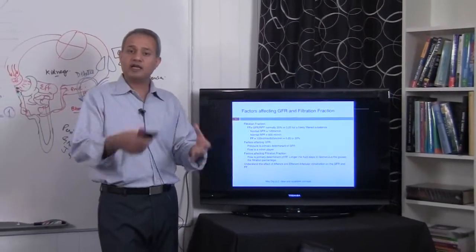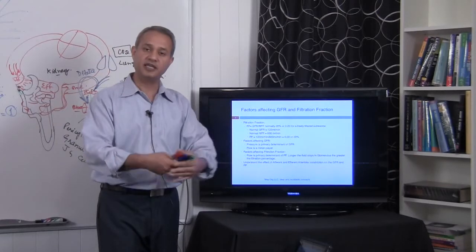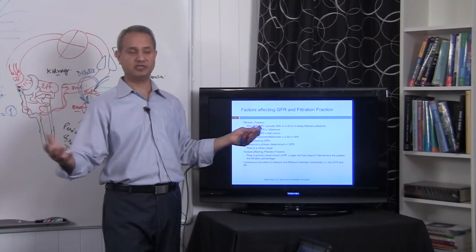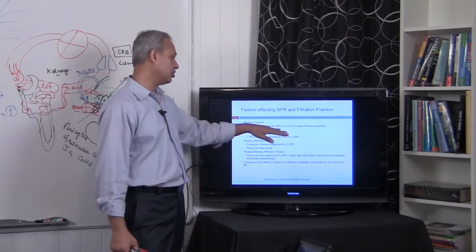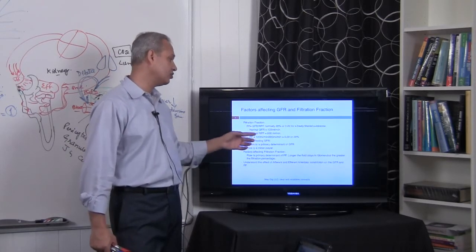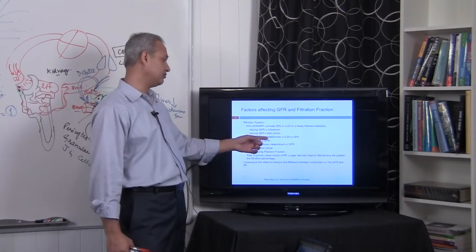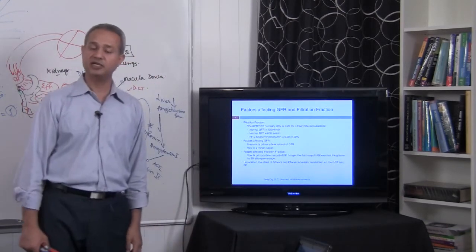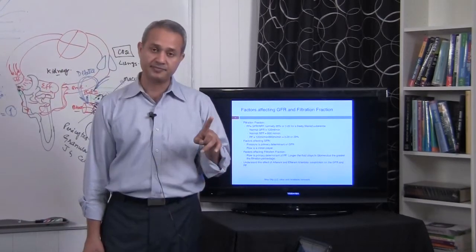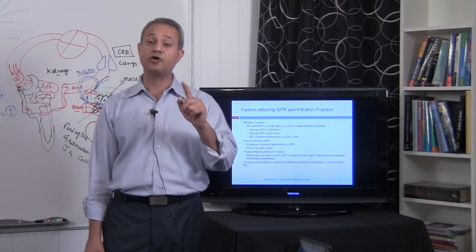So out of all that plasma which entered the kidney, how much went into the Bowman spaces? That will be the filtration fraction, right? So filtration fraction normally is 20%. Normal GFR is 120 milliliters, normal renal plasma flow is 600, so if you divide them, 20% is the filtration fraction. We talked about it. Filtration fraction is dependent upon flow.